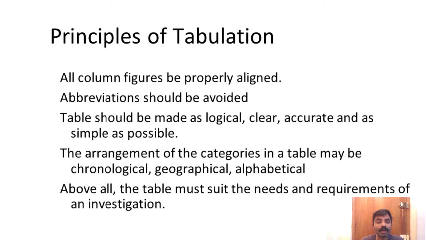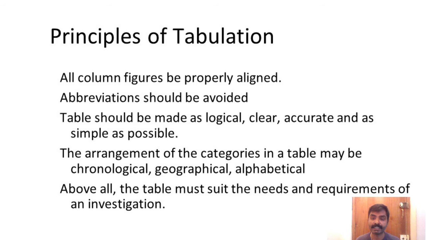All column figures should be properly aligned, and abbreviations should be avoided, because an abbreviation we quote may not be generalized and people may not be aware of it. Tables should be made as logical as possible.